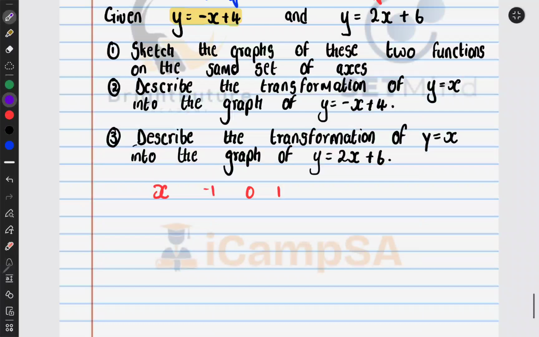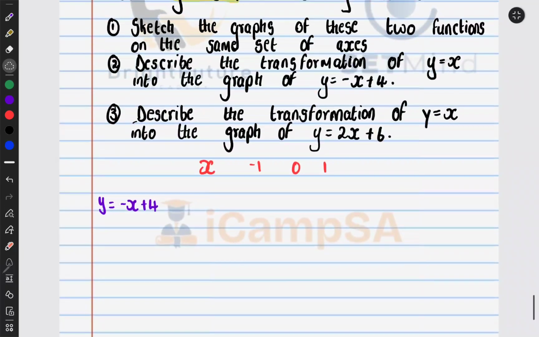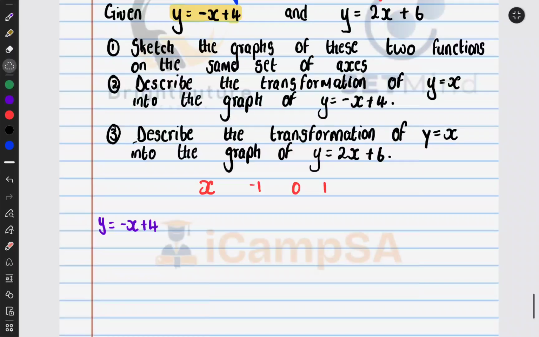And then the first function is y is equal to -x plus 4. Let's find the corresponding values for the first function. Where x is equal to -1, we're going to have negative times -1 is 1, that will be 5, and for 0, that will be 4.